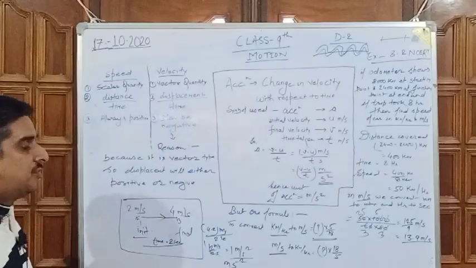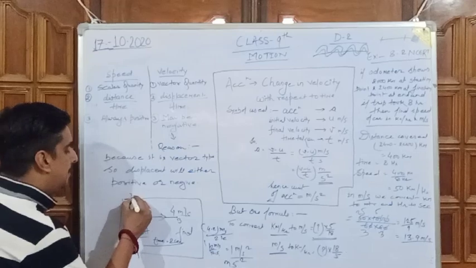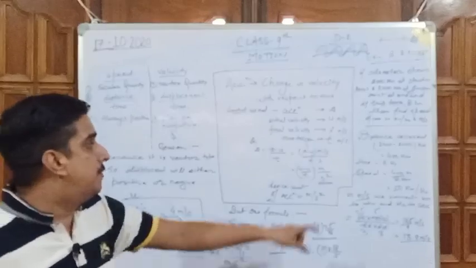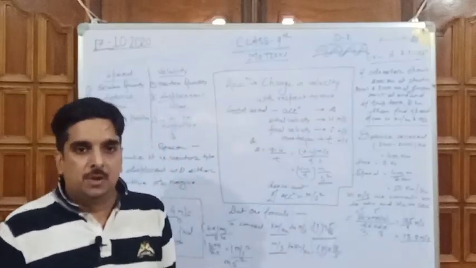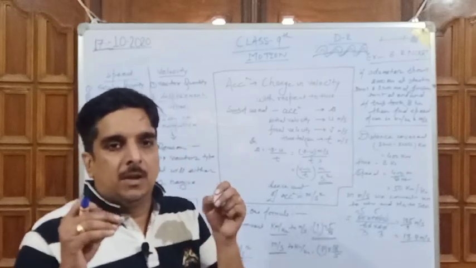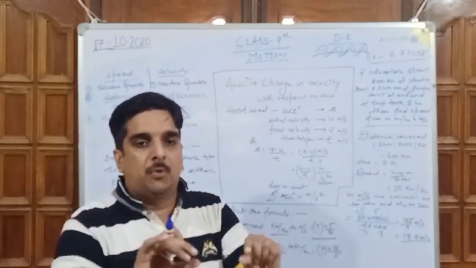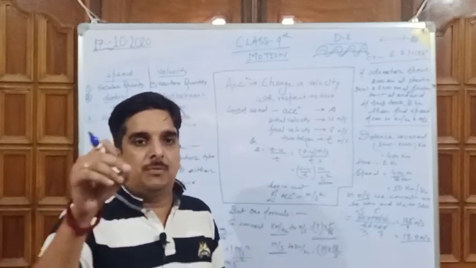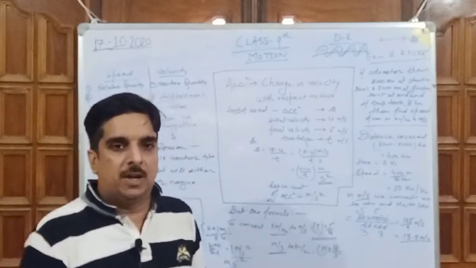The initial velocity, whatever it is at point A, will always be represented by u, a small u. If any numerical question comes in a theoretical manner, you have to write it in the form of these terms.